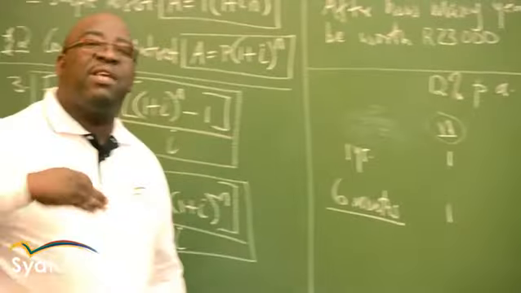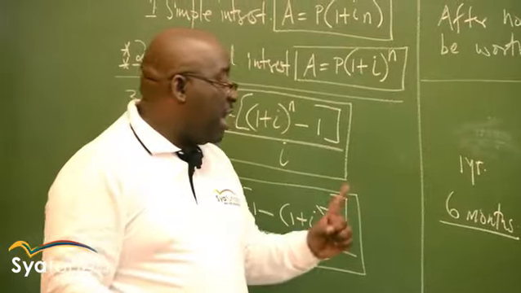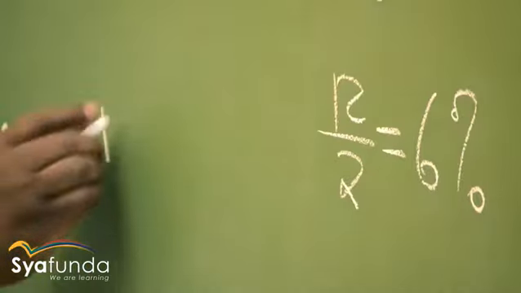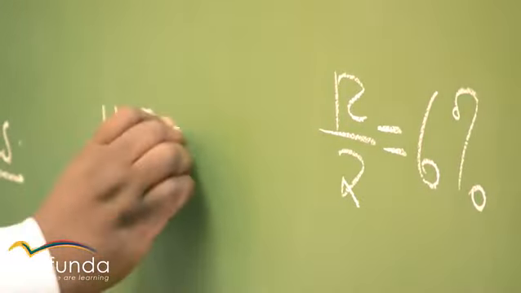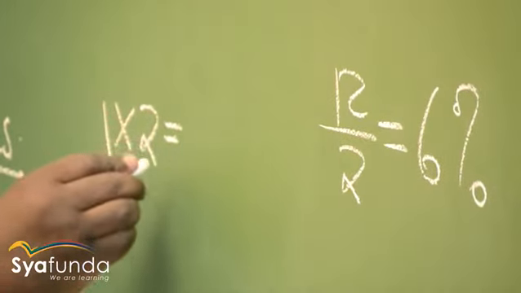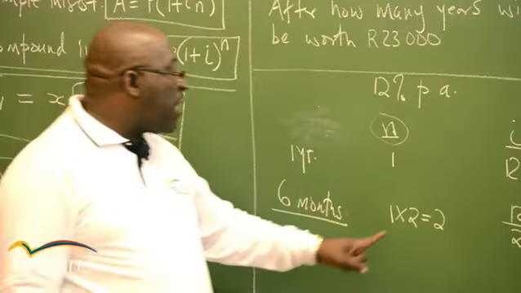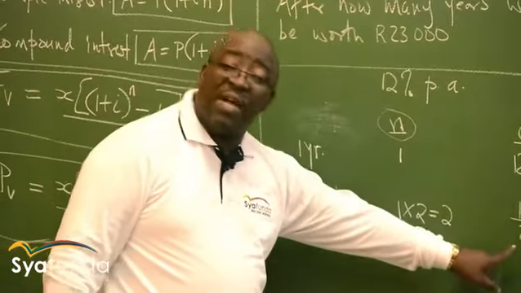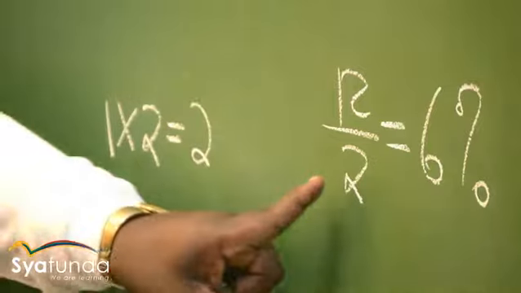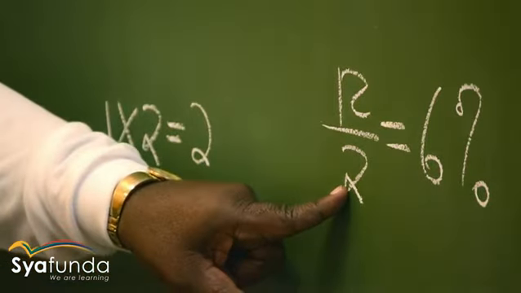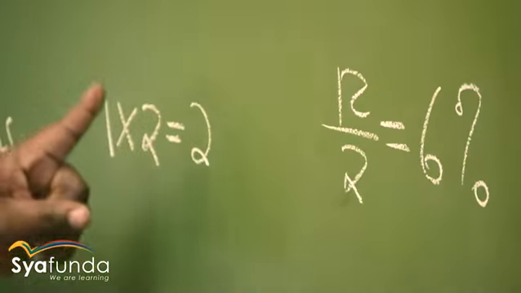But how many times am I going to put this interest per year? Per year, I'm going to do it twice now. I'm going to put it every 6 months. So this will be 2. Now watch here. There is always a relationship between what I multiply with and what I divide with. If I divide by 2 here, meaning that I will be putting it every 6 months, I will be multiplying by 2 this side.